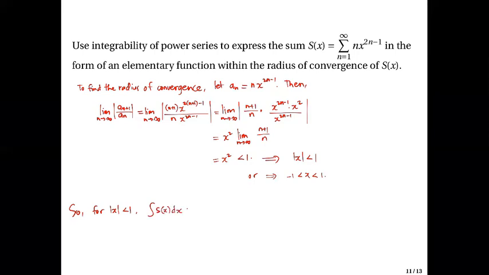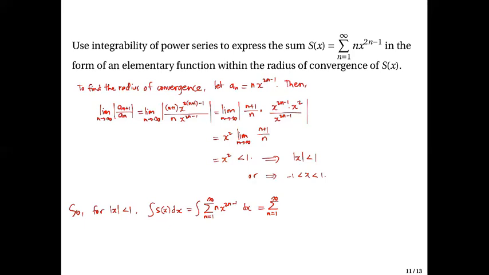We just have to integrate the series n x raised to 2n minus 1 dx, from 1 up to plus infinity. If we do the integration on the right-hand side, we just get the sum from 1 up to plus infinity.